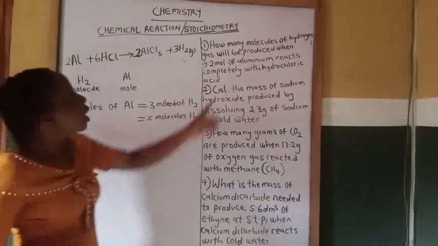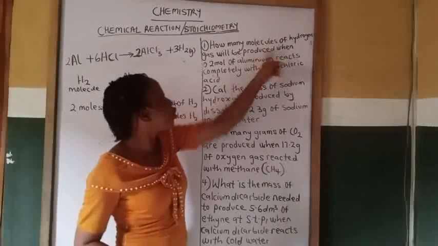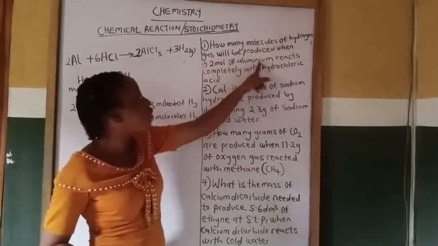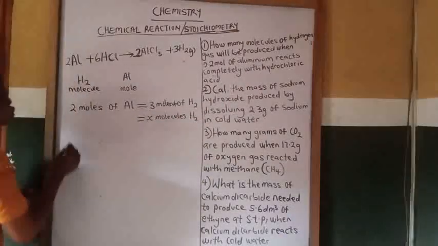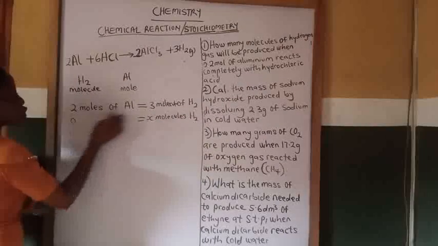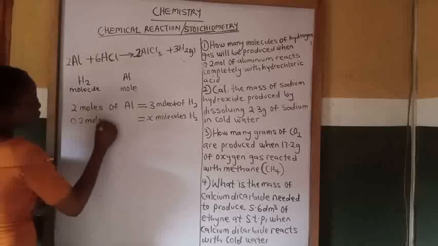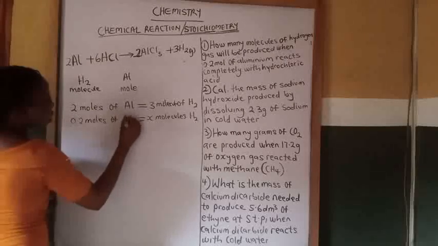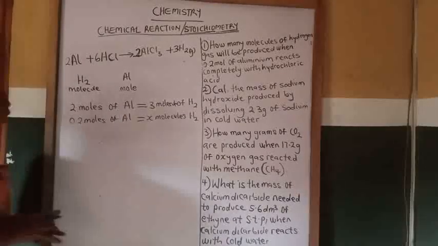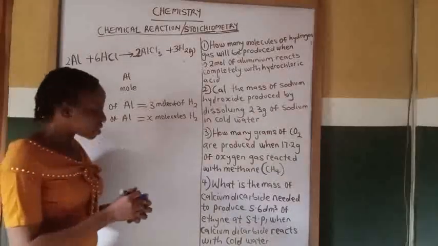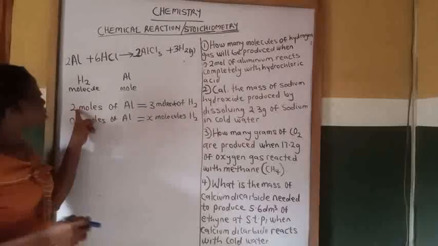Then how many molecules of hydrogen gas are produced when there is 0.2 mole of aluminium? So under aluminium, you write 0.2 moles of aluminium.